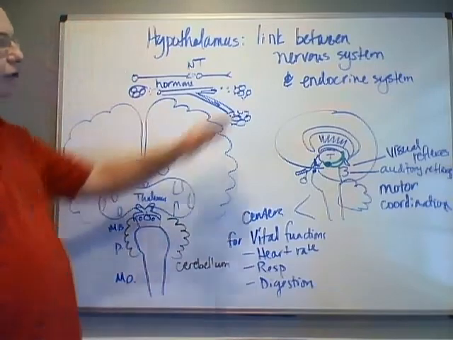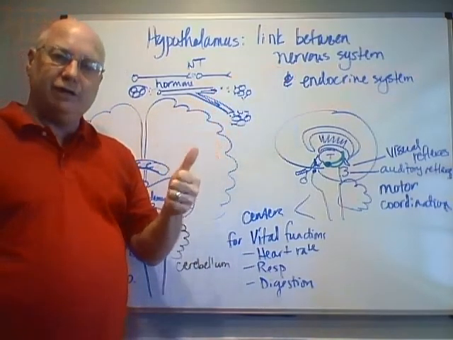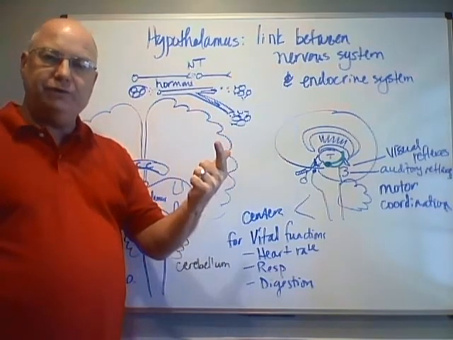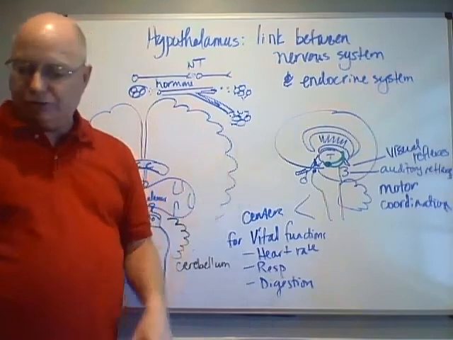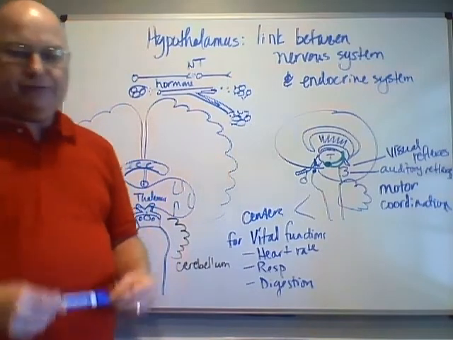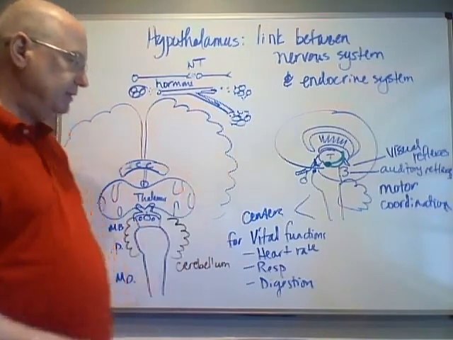So it's not only the link between the nervous and the endocrine system, but it monitors electrolytes or ions. It monitors a few other things, and body temperature is another one. Okay, so those are two major structures. They can affect many other things like our drives and our responses to things, but nonetheless.